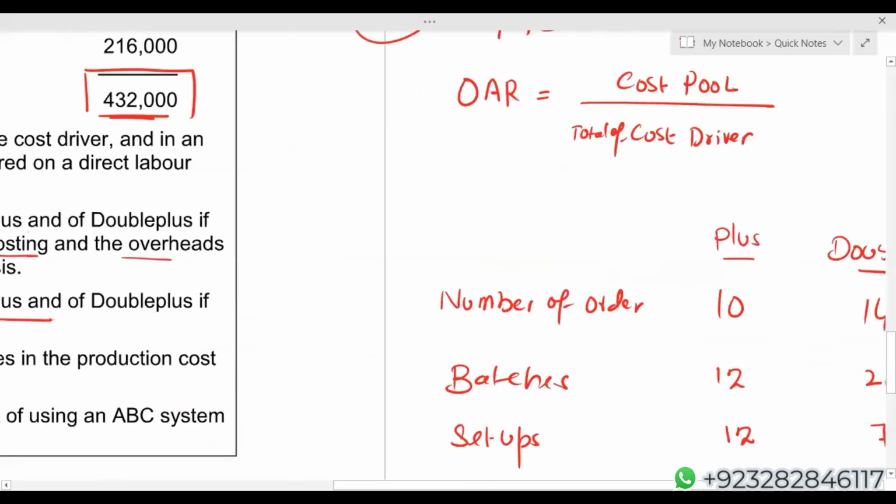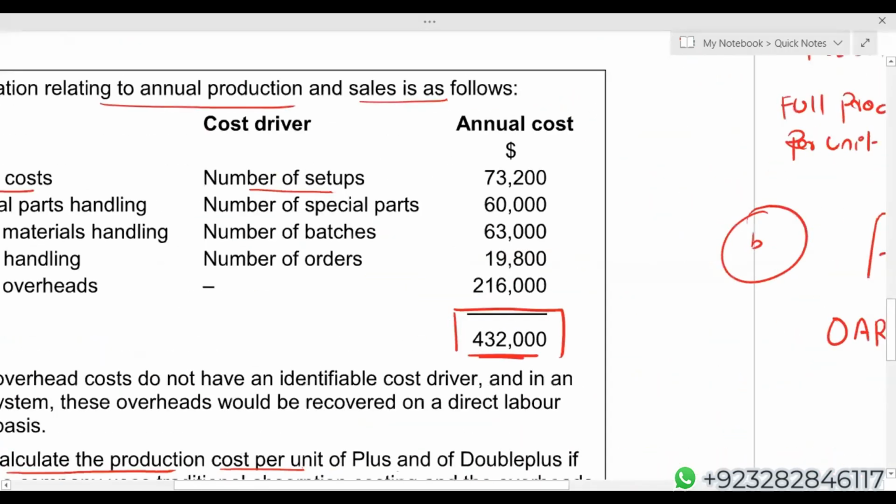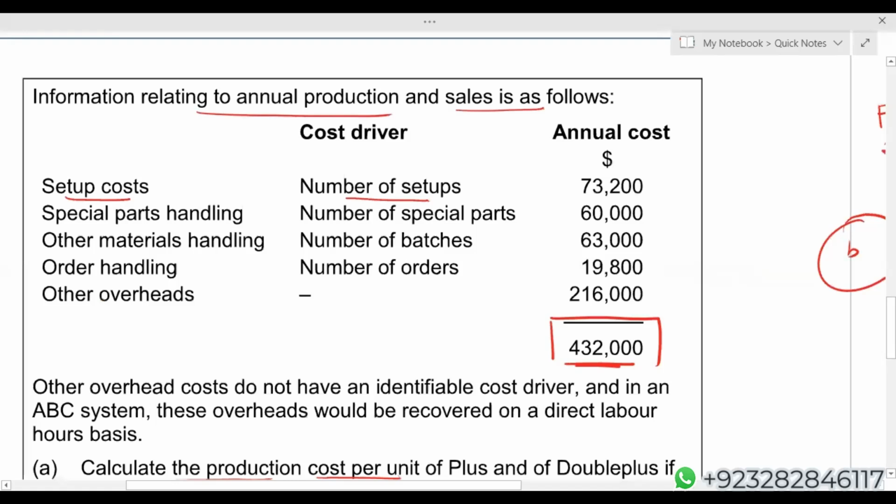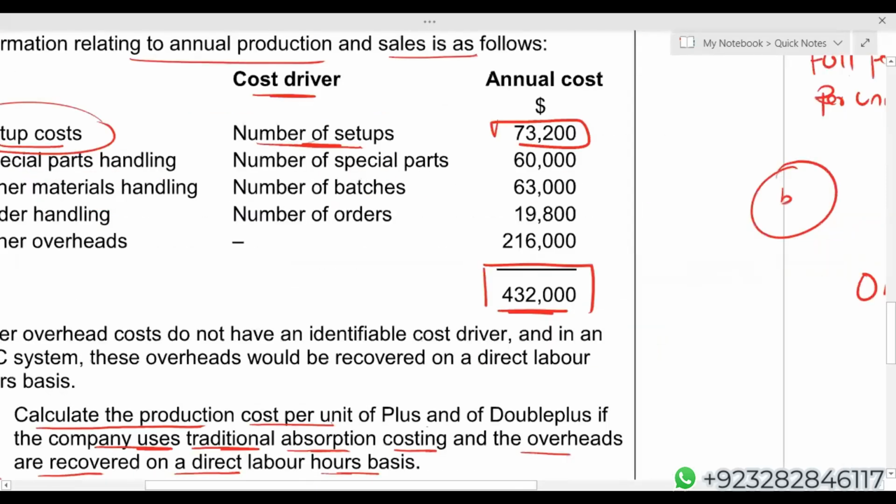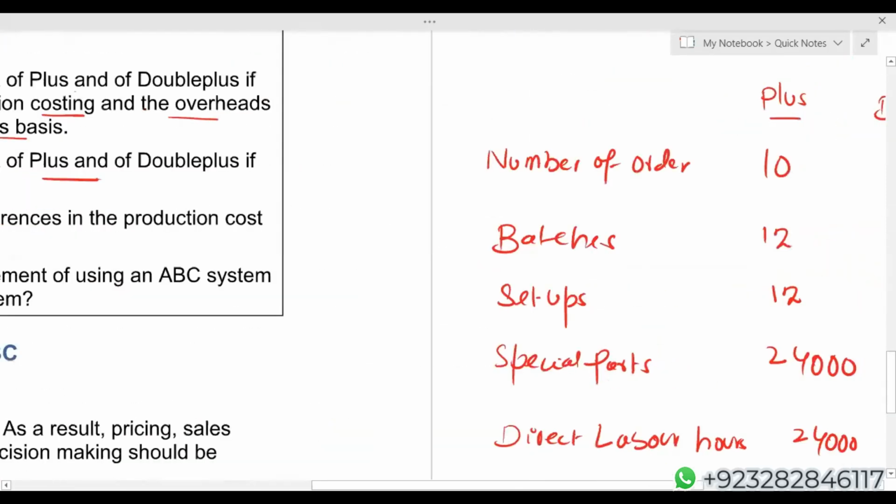Now let's try to find out the cost. I have setup cost and the cost driver is number of setups. Setup cost is 73,200. So here comes the setup cost.